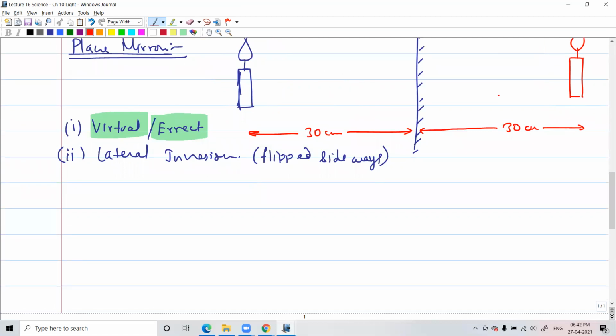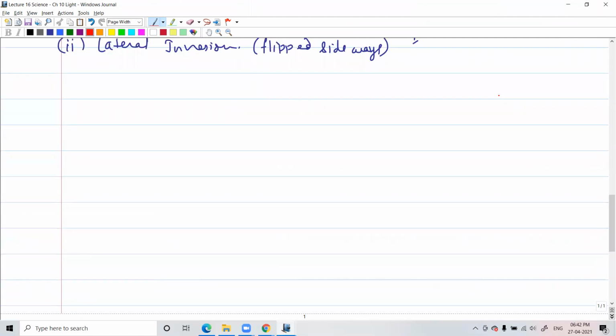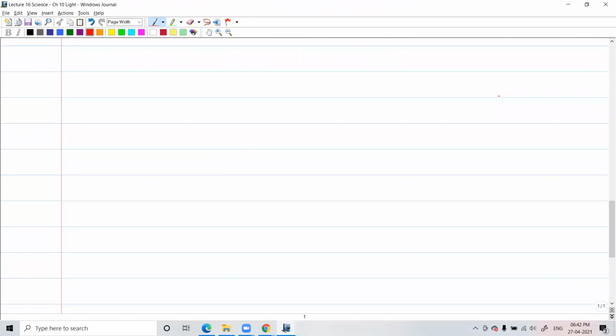Okay, one more thing about plane mirrors. When you were studying in your earlier classes, you would have studied about the law of reflection. So this is very, very important. And this same law of reflection is applicable for concave and convex mirrors also, or any kind of reflecting surface. So laws of reflection. Anyone knows what are the laws of reflection?